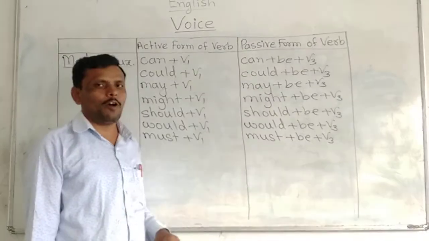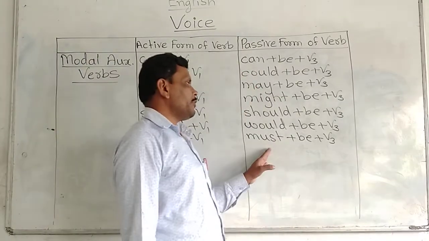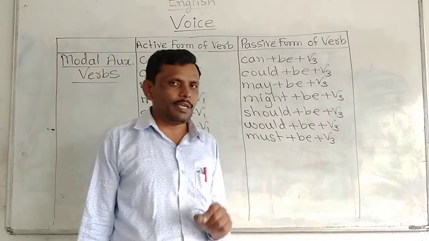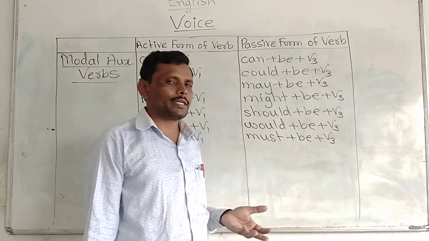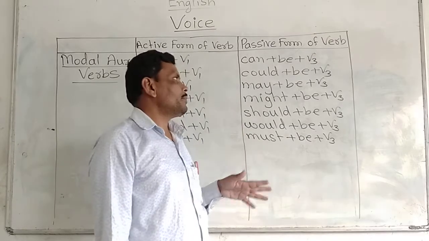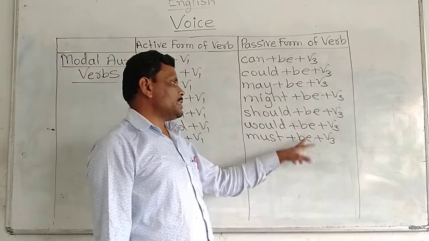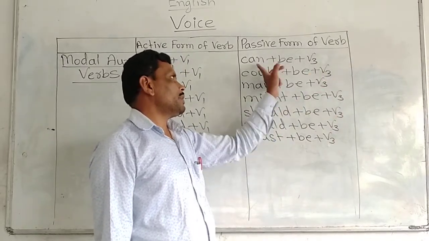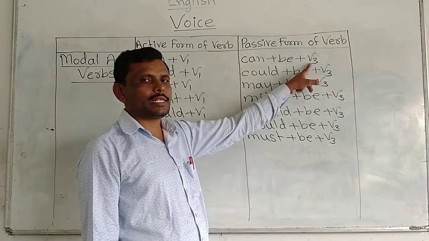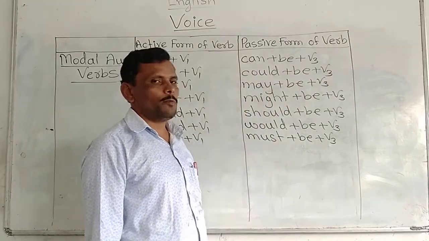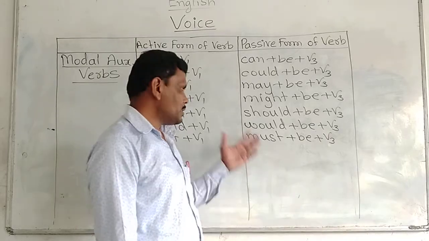And in passive form, after each and every modal auxiliary we have placed be as a V1, because the rule is that after a modal auxiliary there should be V1. After the modal auxiliary there is be and then V3. V3 shows passive form. Can plus be plus V3, this is passive structure. Could plus be plus V3 is a passive form of verb, correct?